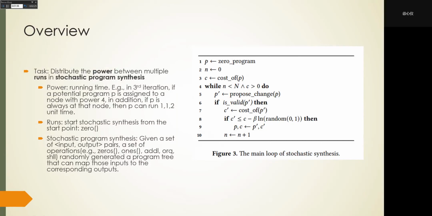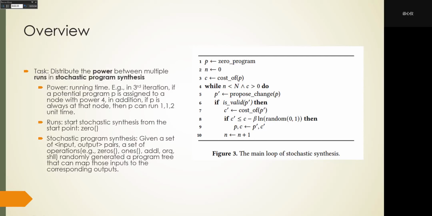For example, if you assign a potential program power 4, then in the third iteration this program can start to search 1 minute from this start point P, then search another 1 minute and still find P is the best solution, and then search another 2 minutes. 1 plus 1 plus 2 equals 4.